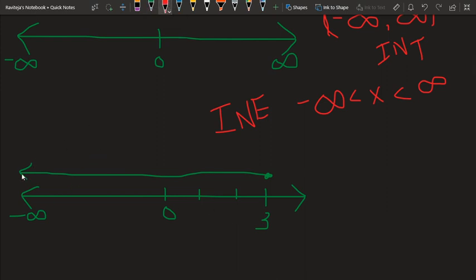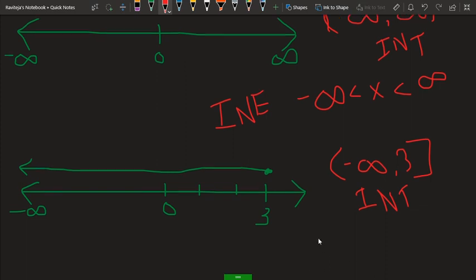Okay, using that information, we can figure out the interval and inequality notation. Reading this line from left to right, it goes from negative infinity towards 3. So we have negative infinity, comma 3. Is negative infinity included? No, so we put a parenthesis. And is 3? Yes, because of the closed circle. So our interval notation for this example would simply be negative infinity, comma 3. Well, what's our inequality notation?